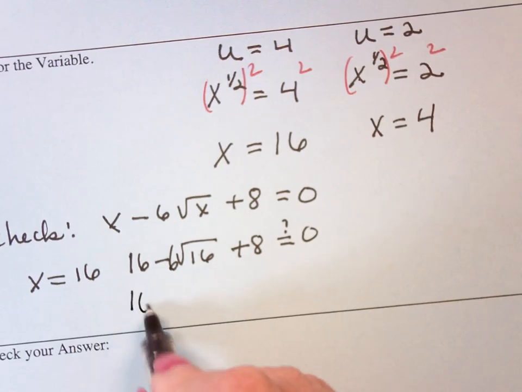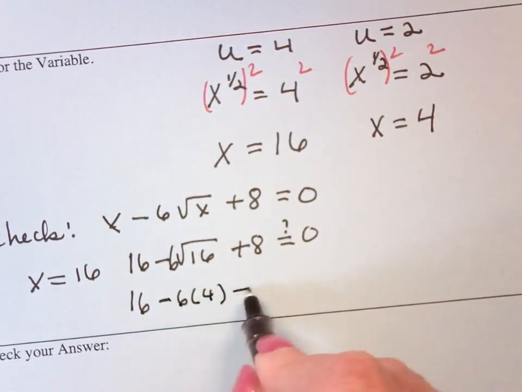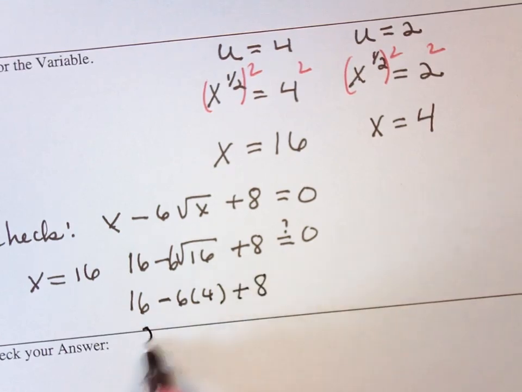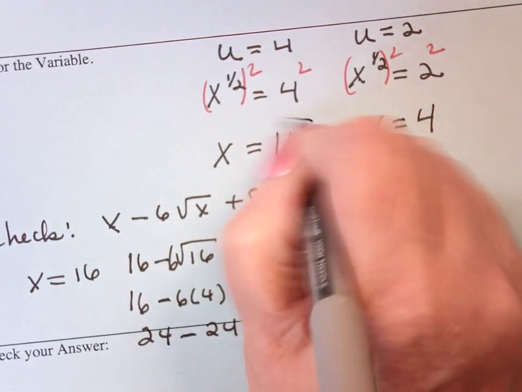Well, this is 16 minus 6, square root of 16 is 4, so 16 minus 24 plus 8, which is 0, and it checks. So that's an answer.